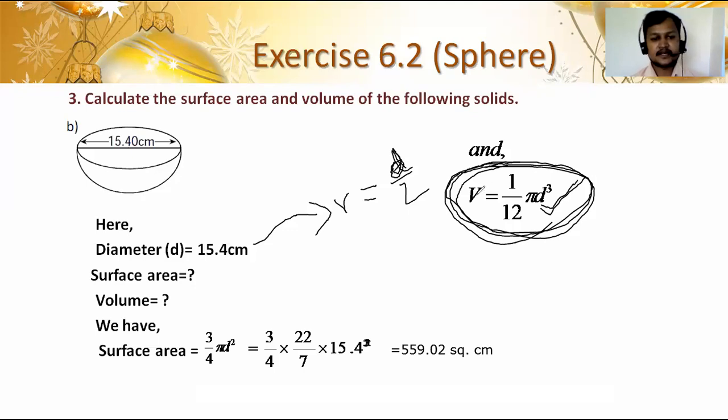You know how to convert diameter into radius or radius into diameter. If diameter is given, if you want to convert that into radius, divide by 2. If radius is given, if you want to convert that into diameter, diameter is equal to 2 into radius.